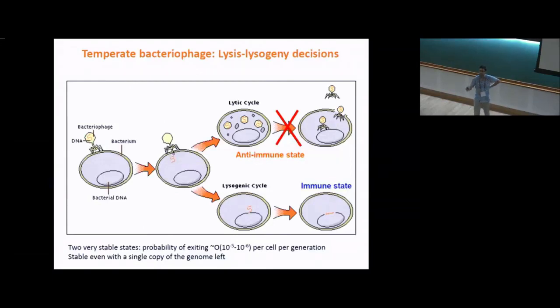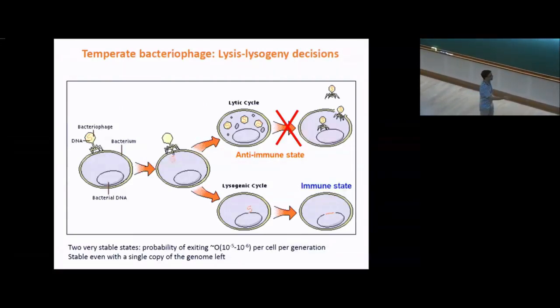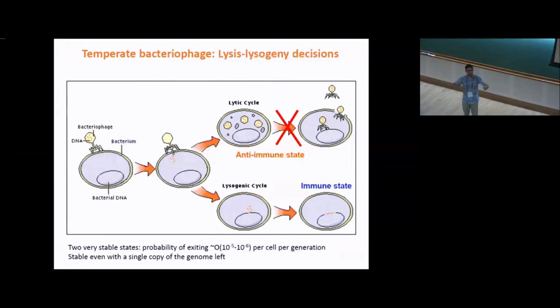There are 2 or 3 rounds of replication before the decision is made that things will go dormant. So maybe a better representation of this state would be initially there would be 2 or 3 genomes over here. One of the genomes gets integrated, and the others are just floating around. And eventually, as the bacterial cell divides and subdivides, these get diluted out.